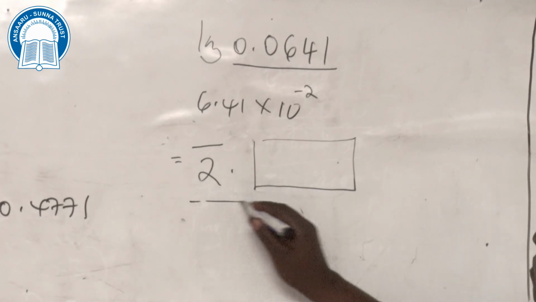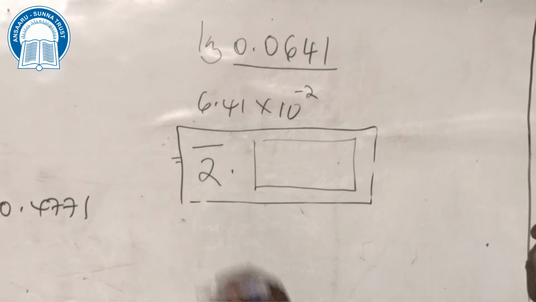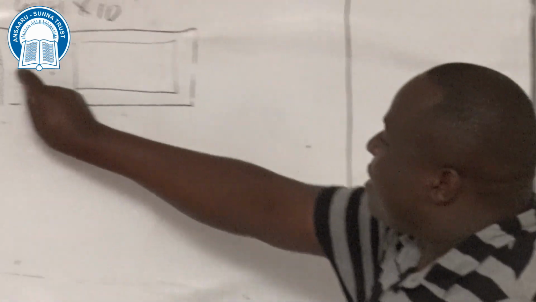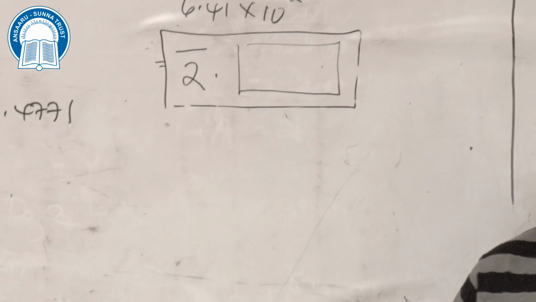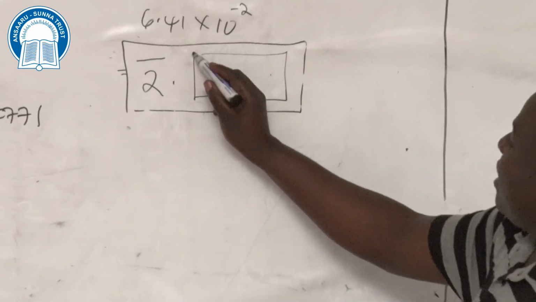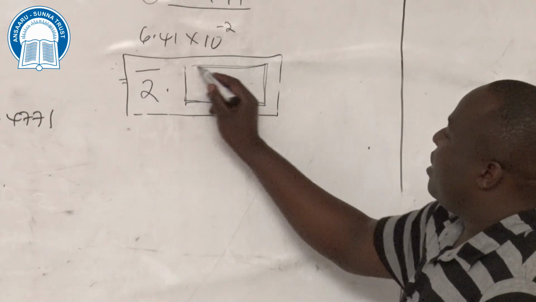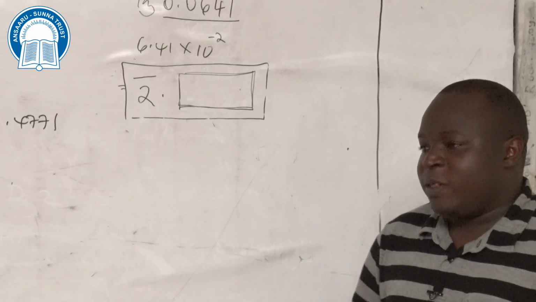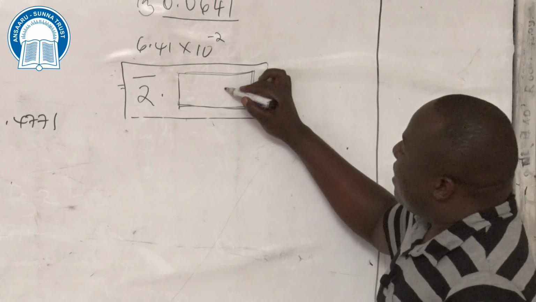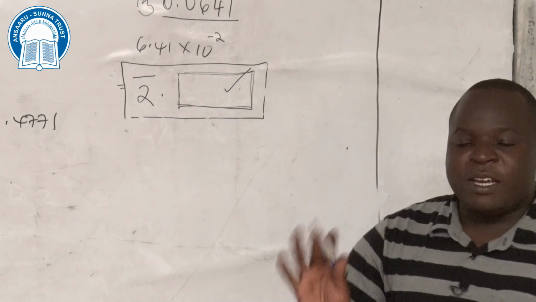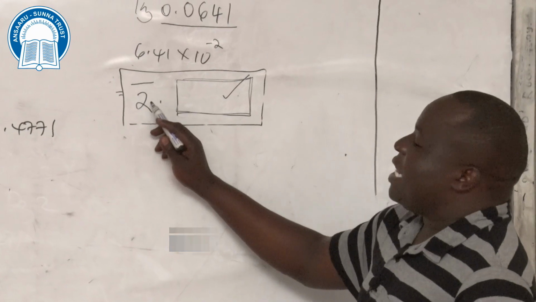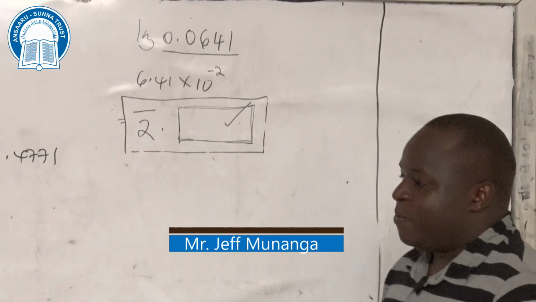Then you were told something to do with this value here in Form 2. I think they explained to you that this number here is referred to as a characteristic, and the number after the decimal is a mantissa. So there was this rule: the mantissa can never be negative, but the characteristic can either be negative or positive.